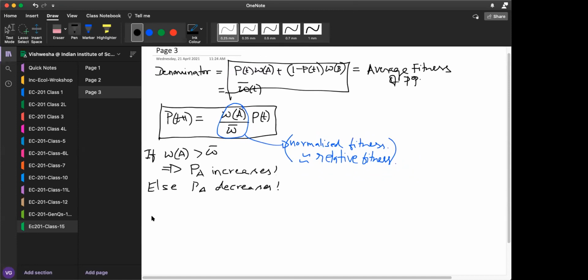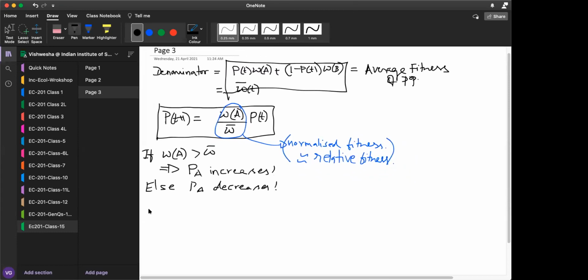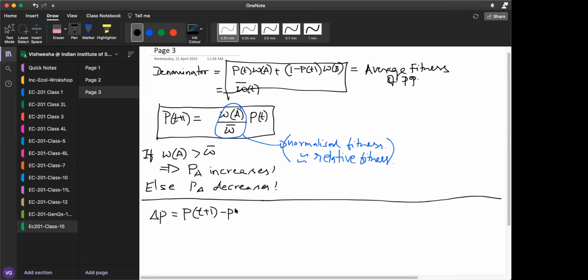Now let's look at changes. You remember that we were also very much interested in understanding changes, right? So what is the change in the frequencies? How much change happened in one generation? Going back to this equation, it will be omega A P of t divided by omega bar minus P of t.